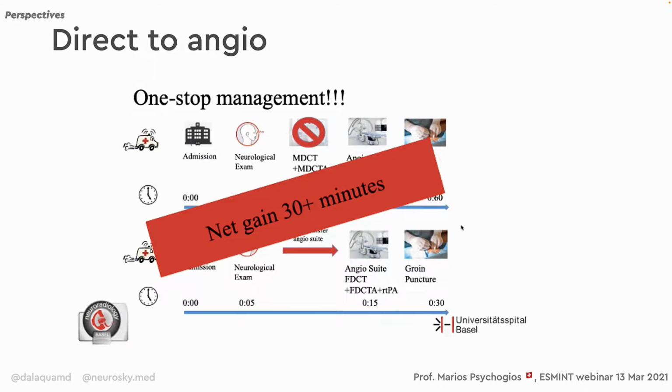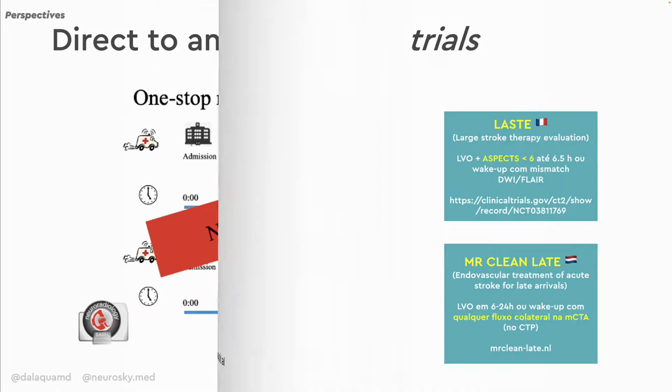So the patient could receive treatment more properly and in a faster way if we can, for selected cases, skip the classic diagnostic approach with CT and CTA, and go maybe directly to the angio suite.